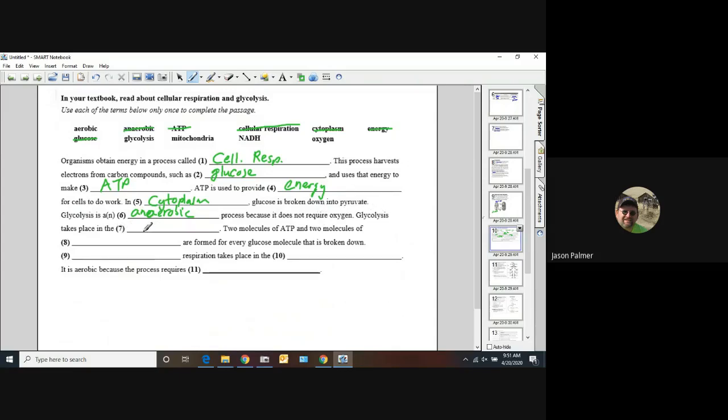Glycolysis takes place in the, oh yeah. Okay, so this is cytoplasm. And up here they want glycolysis.